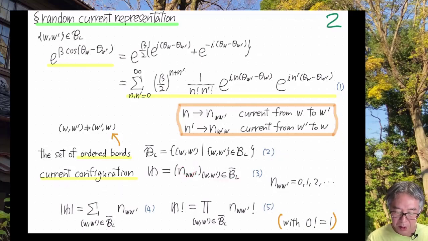And this takes these non-negative values. These are shorthand notations. This means the sum of everything, and this means the product of all factorials. And if you encounter 0 factorial, it's 1. We define it like this. Okay, this is just notation.